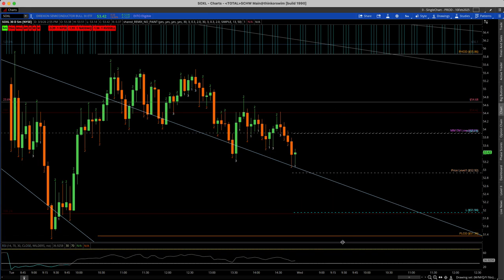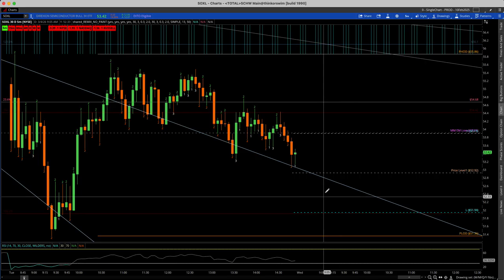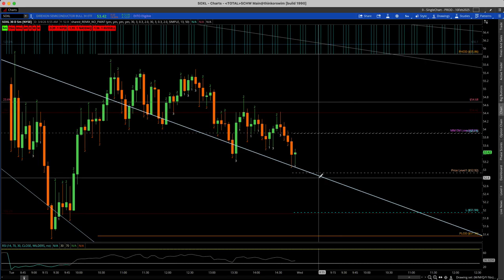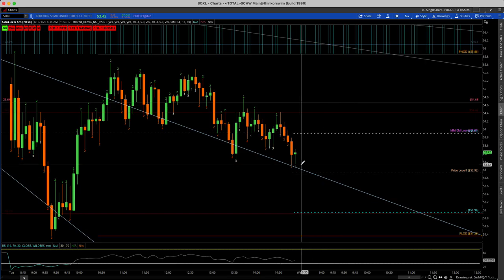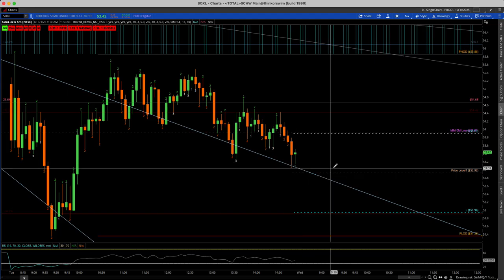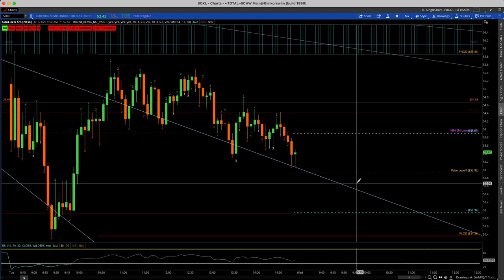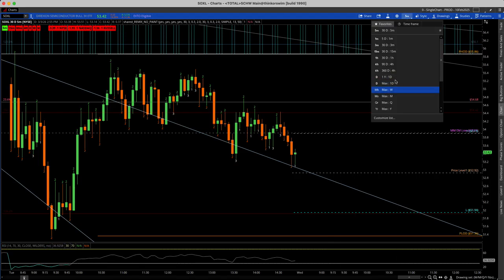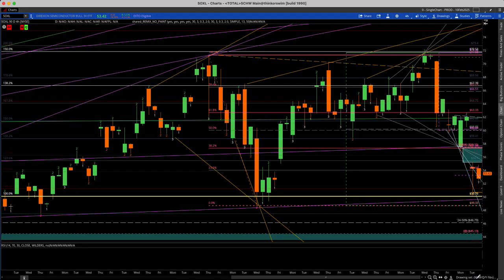And we continue down that path. But for the proven and repeatable strategy for those early morning scalps, which can turn into early entries for day trades, we want to look for higher lows at or above opening print to get into calls, or lower highs at or below opening print to get into puts. All right. Now let's zoom out here to the 4 hour and take a look at things.